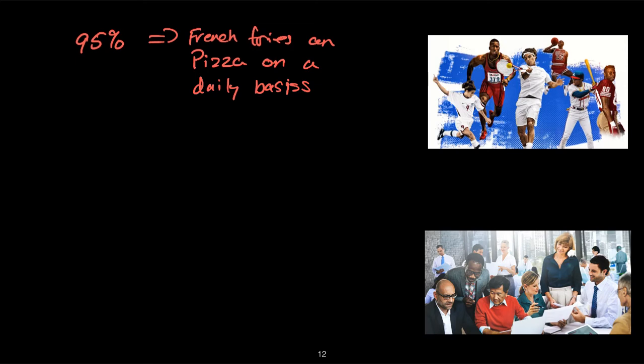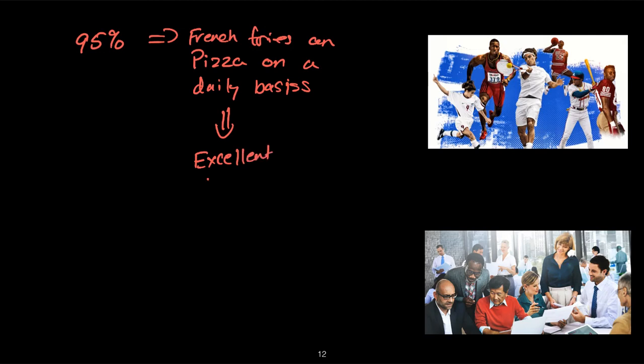So 95% of the people that I studied who ate French fries and pizza on a daily basis, maybe one or the other, or even both, it turns out that those individuals were in excellent health.